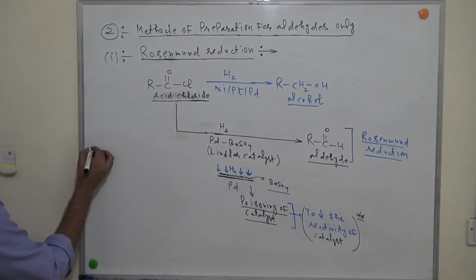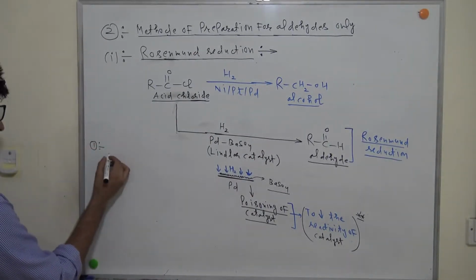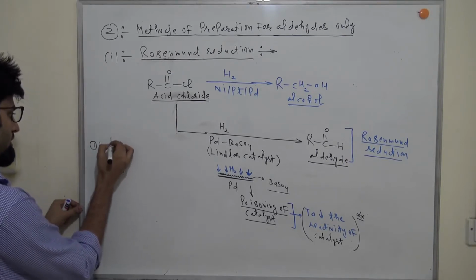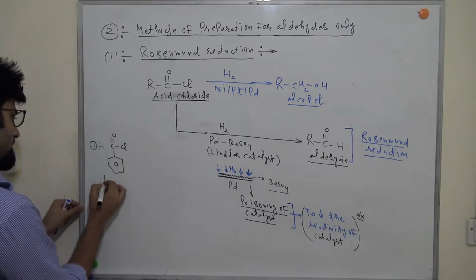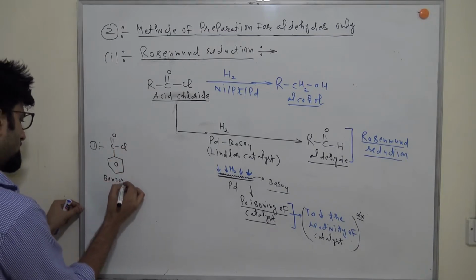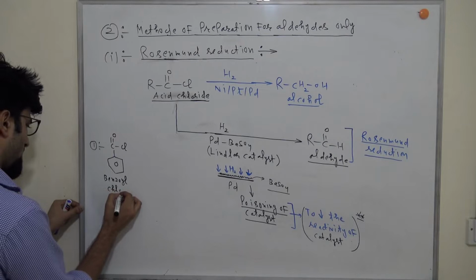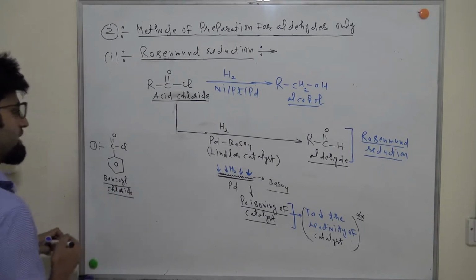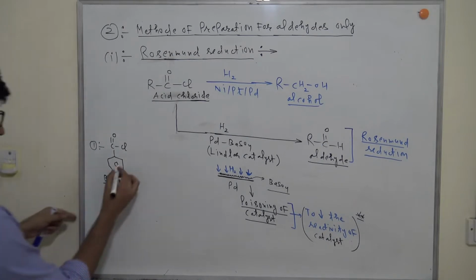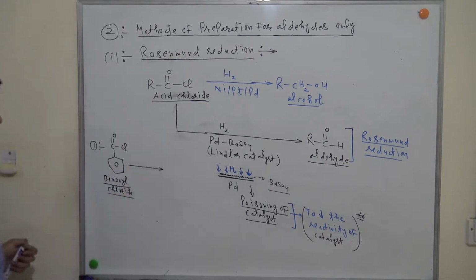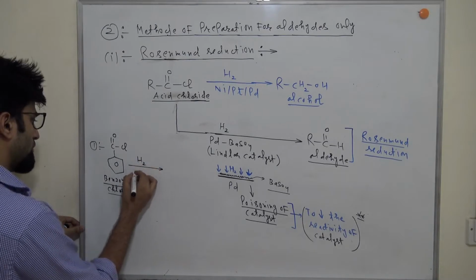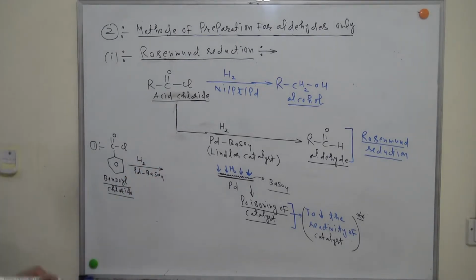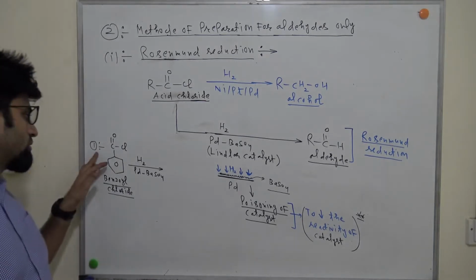Okay, guys, so what kind of questions can be asked? Let me tell you. Suppose we have this. This is known as benzoyl chloride, right? So if you do the reaction of benzoyl chloride with H2/Pd-BaSO4, you have to identify that this is an acid chloride.